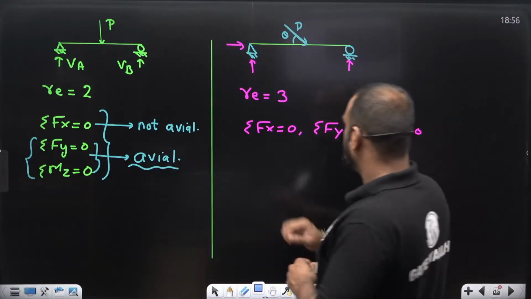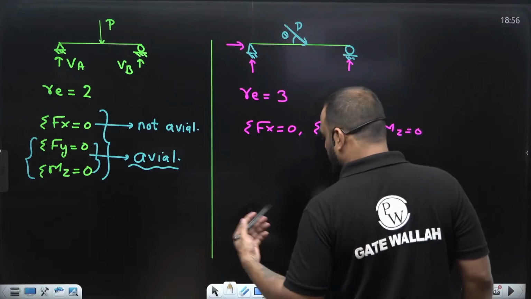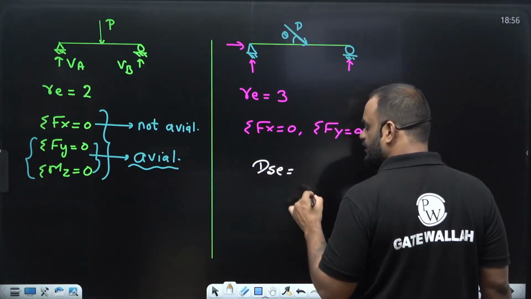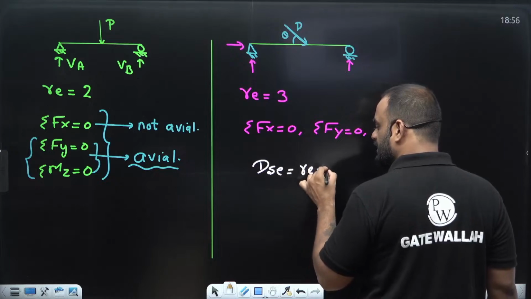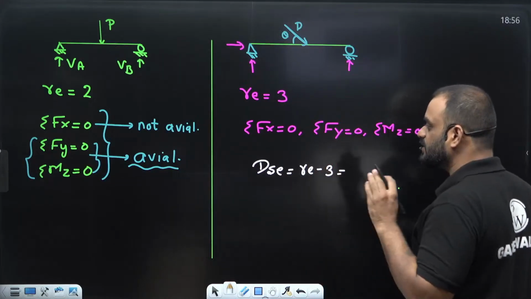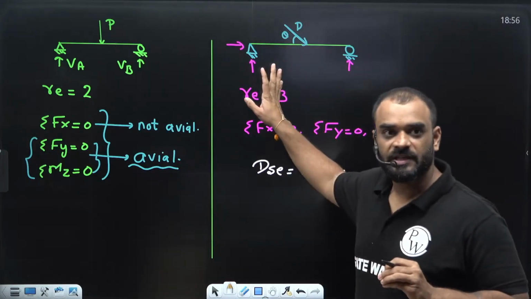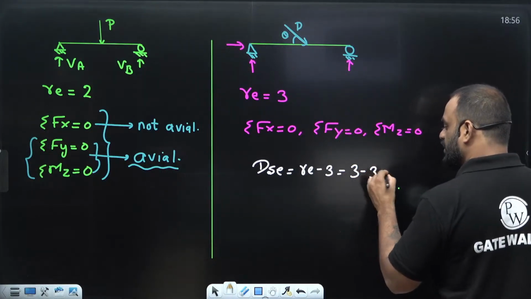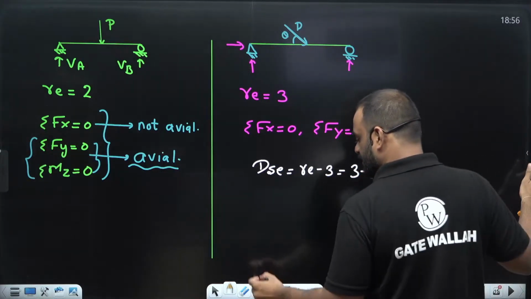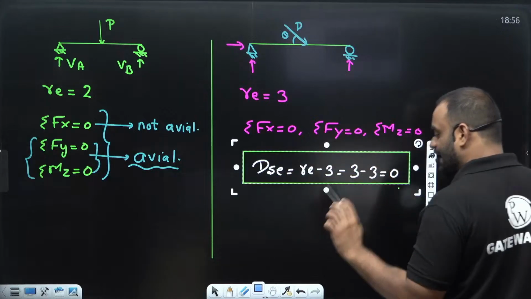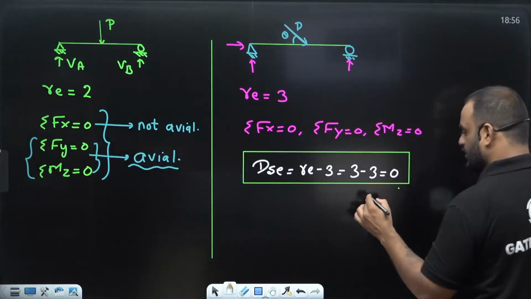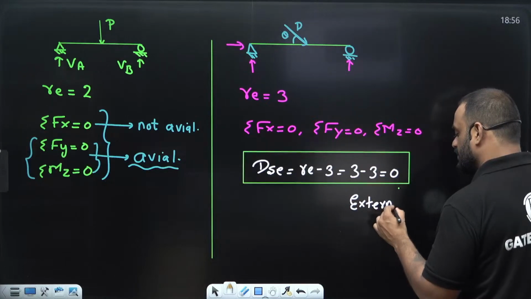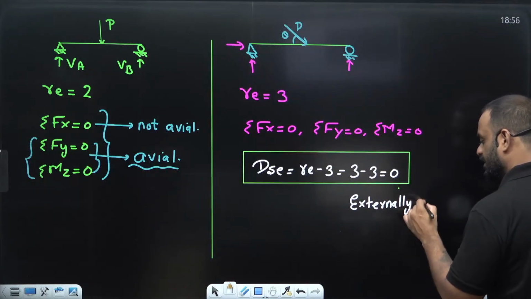For this particular structure, if I ask you what is the value of DSE, what will you say? Sir, it is RE minus 3. So how many external support reactions will develop in this case? It is 3. So we write 3 minus 3, which becomes 0. That means this particular structure is externally determinate. If the value of DSE is 0, then the structure is externally determinate.